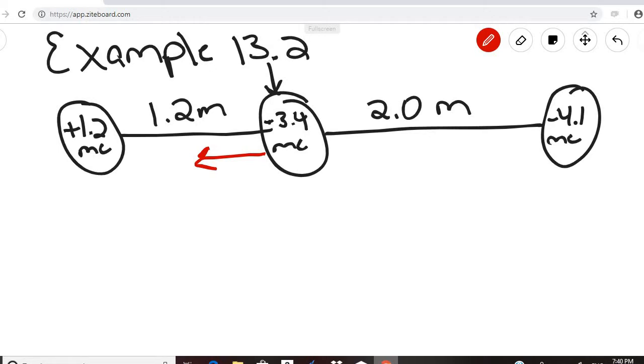And then we're going to look at the other two as well. Because these are both negative, they are going to repel each other. So this particle will cause that particle to move in that direction.